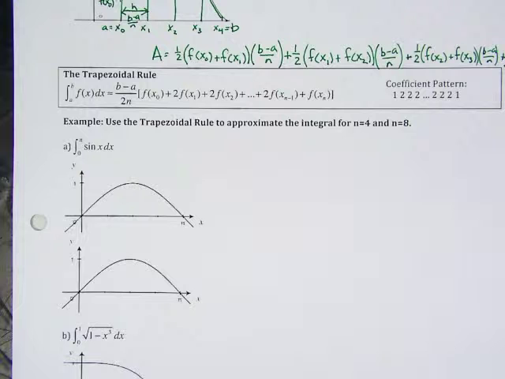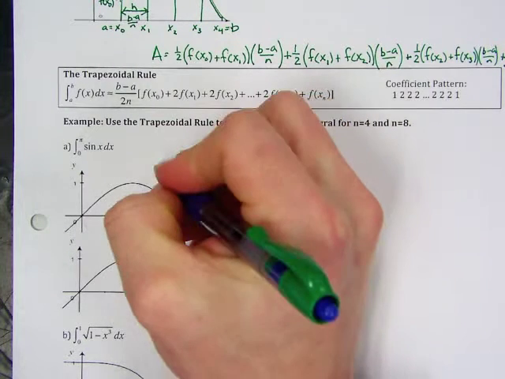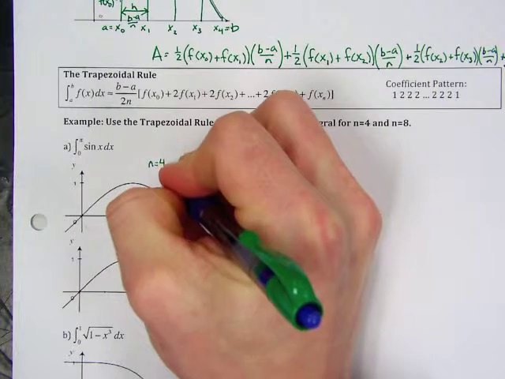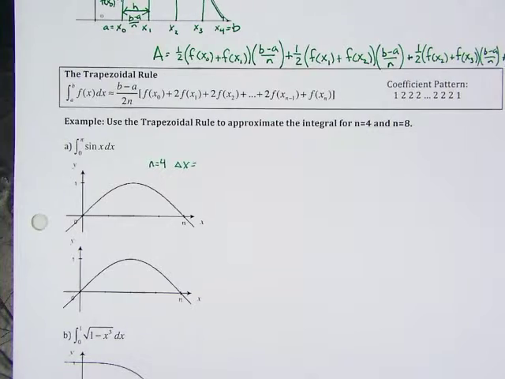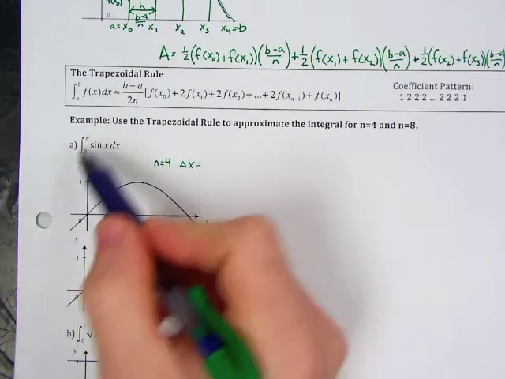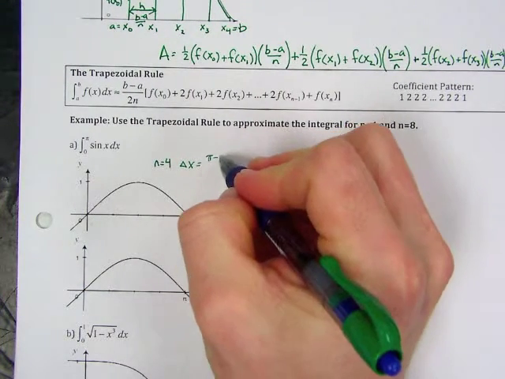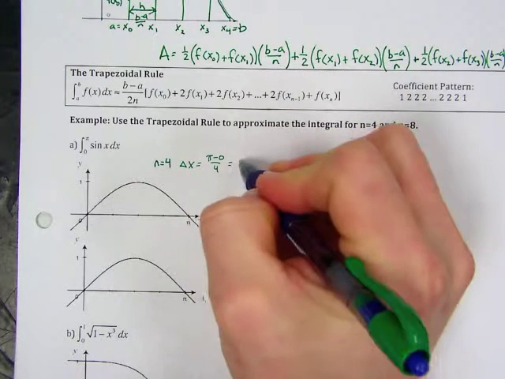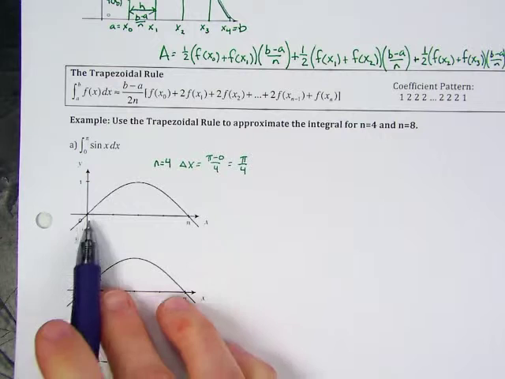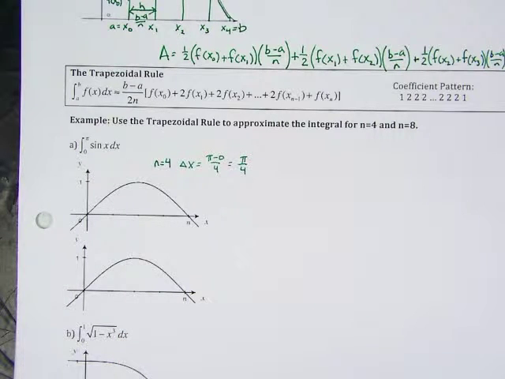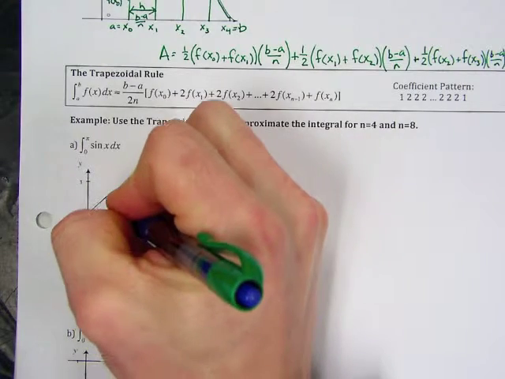So first, if we do n equals 4, we need to find our delta x. So we're going from 0 to pi. So pi minus 0 over 4, which is just pi over 4. So we need to split the interval from 0 to pi into 4 equal portions.